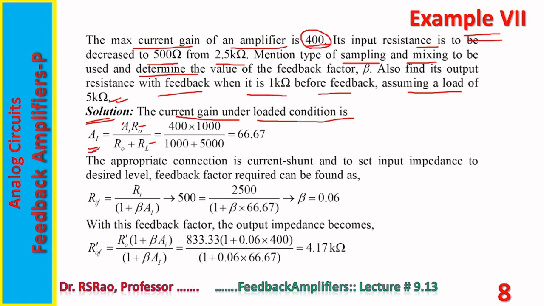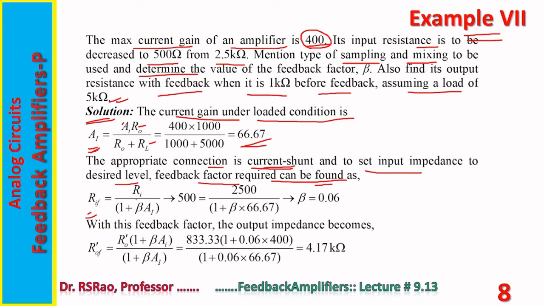So loaded current gain can be determined. It turns out to be 66.67. The appropriate connection is current shunt. Current sampling, shunt mixing.